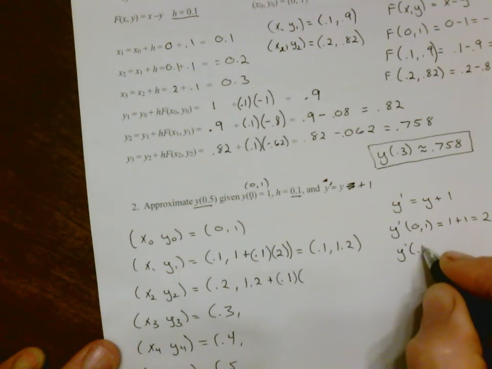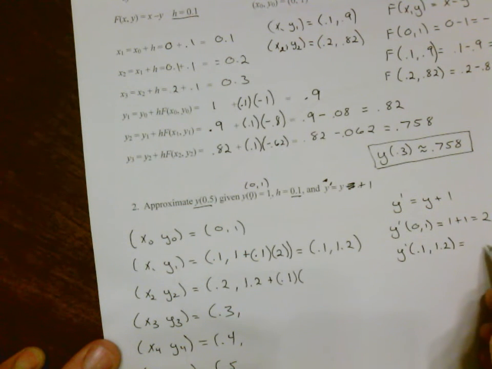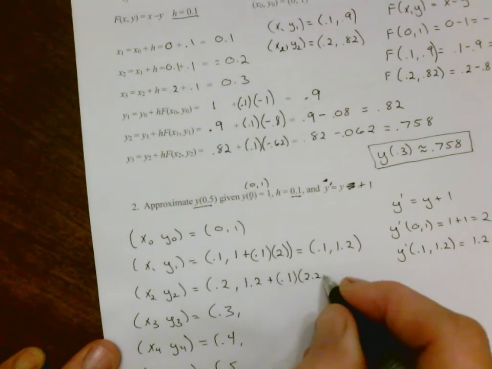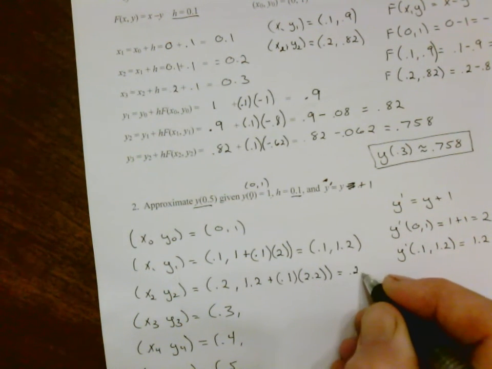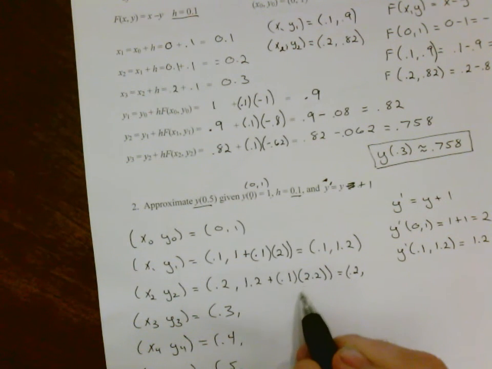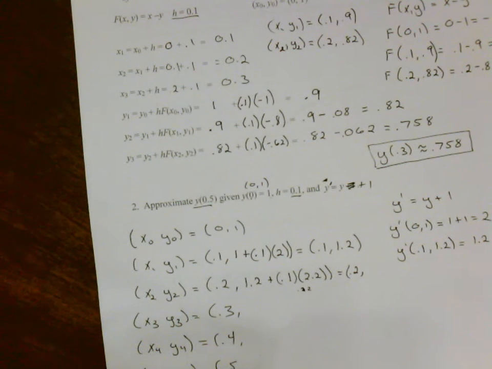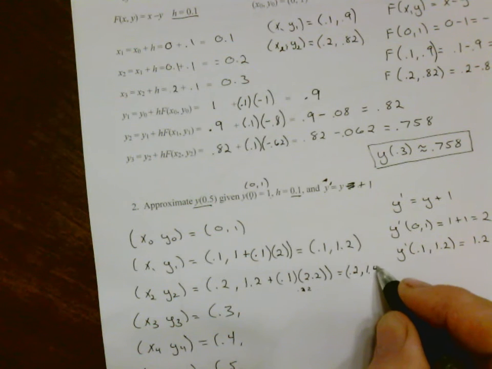So I have y prime of 0.1, comma 1.2 is equal to 1.2 plus 1, which gives you 2.2. This would be 2.2. So it's equal to 0.2. Okay, and then you have 1.2, and this is 0.22. So this would be, what, 1.42.